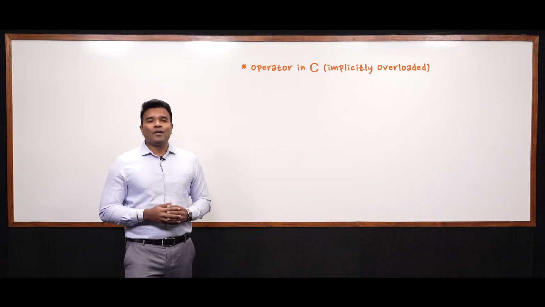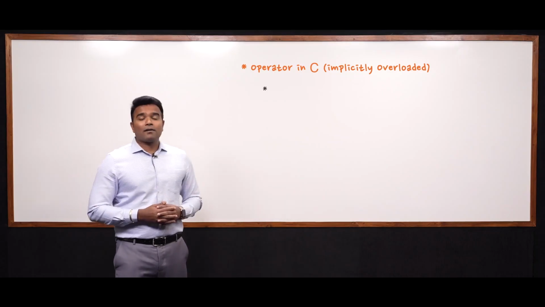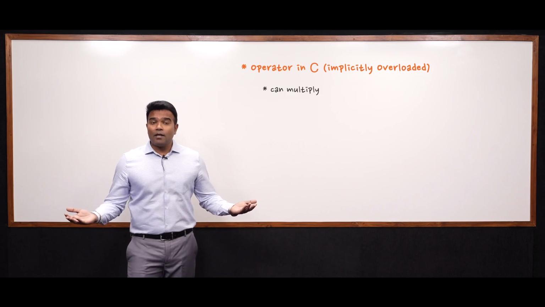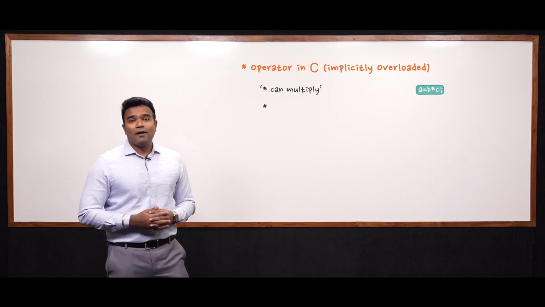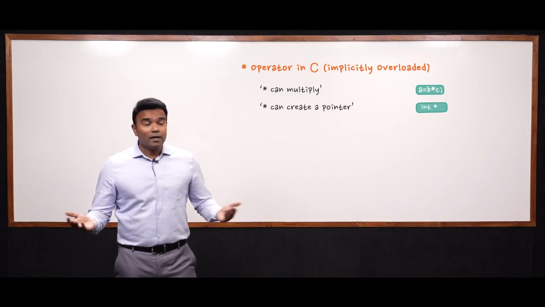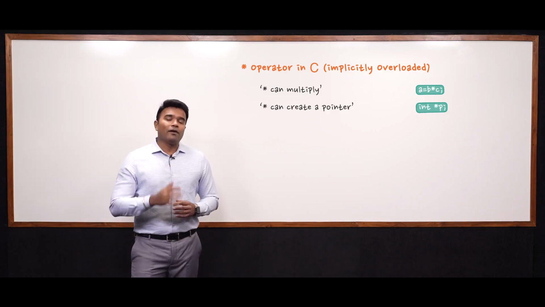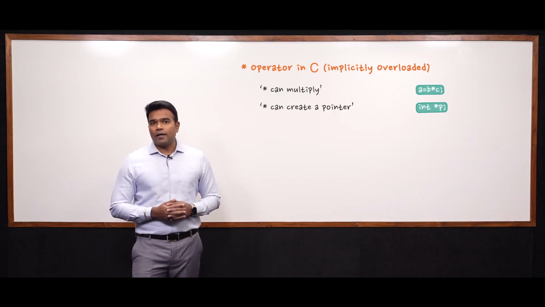Well, if I have to explain what it all means, first look at this star. We can use it as a multiplication operator. Look at the same star. Don't you think we can use this for pointer creation? This is the way we create our data pointer, and you can notice I have made use of the star operator there.